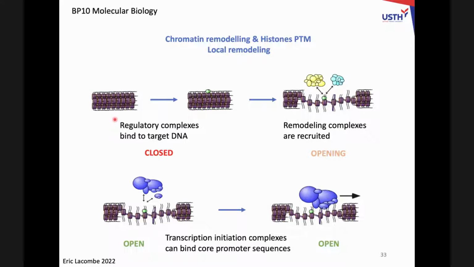The one that is explained in this slide is how a protein that we call a transcription factor, which means this protein is able to activate one gene, can activate a gene without directly activating the RNA polymerase, but by locally decompacting the chromatin.